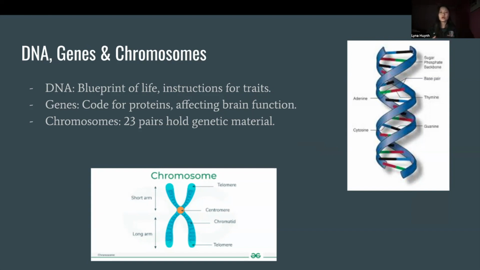And those genes code for proteins, and those proteins code for the traits that we have as humans. And DNA is in structures called chromosomes. Humans have 46 total chromosomes, which make 23 pairs of chromosomes. And those chromosomes are housed within the nucleus of human cells.